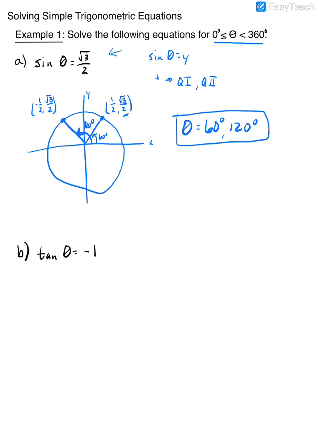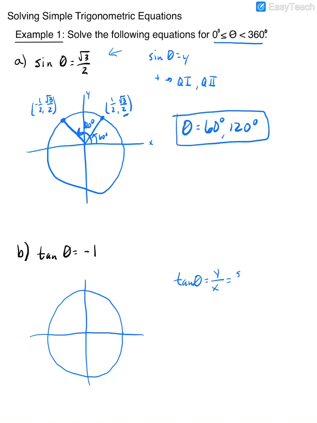So let's go through a couple more, because they're a little bit harder than that and not as straightforward. So tangent of theta equals negative 1. On our unit circle, tangent is not something you can see straight up forward, because it is going to be y over x, or like we've said in class or in the other videos, it'd be the sine over the cosine.